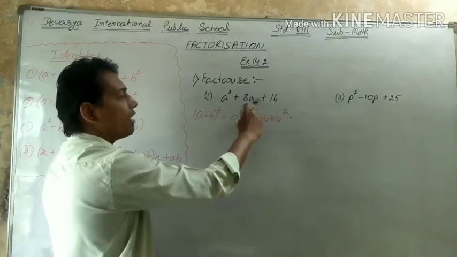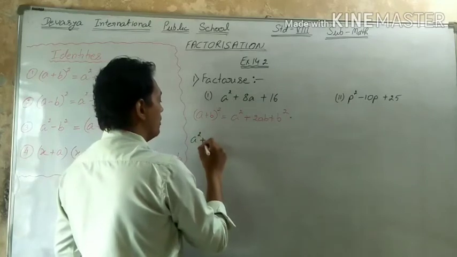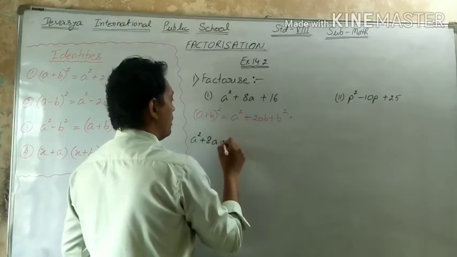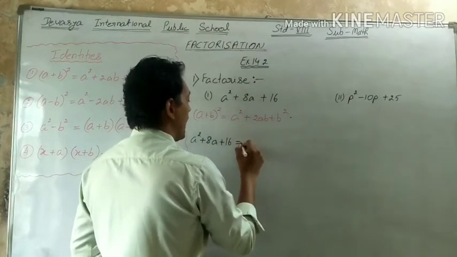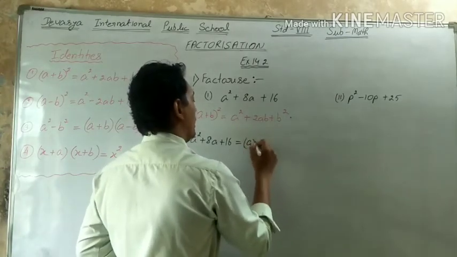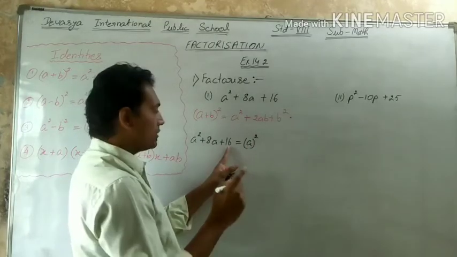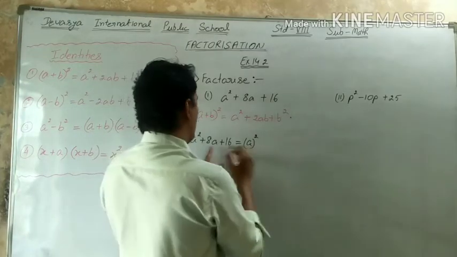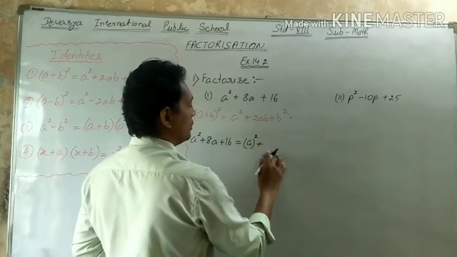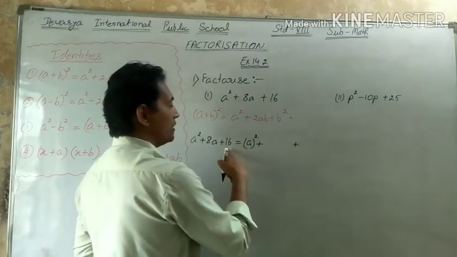Let me write this expression once again. a square plus 8a plus 16 can be modified like this: a whole square, then we can write the last term, which is actually easier to write, so we leave the space for the second term and we write the last term, that is the third term.